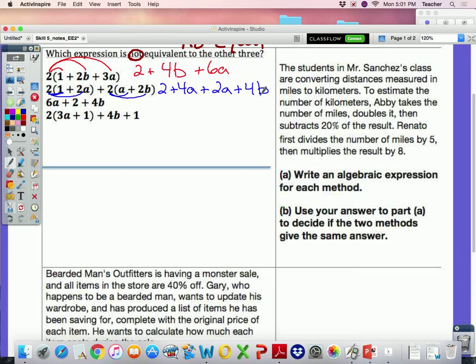Now, do you notice anything that's going on here? Good, there's a lot of a's. What's that called? What do we have to do? Combining like terms. Yep, let's bring it all together. So 4a plus 2a is 6a. Can we combine anything else?